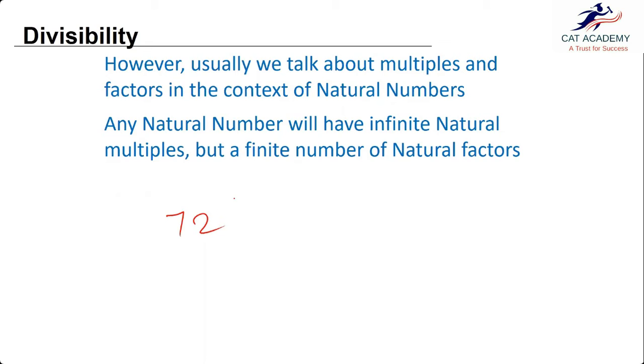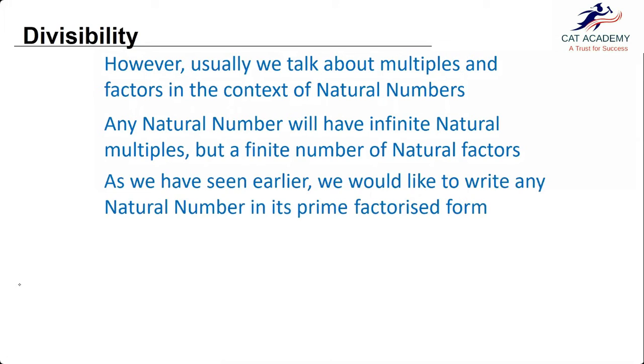Multiples of 72 would be infinite, but the factors of 72 would be very much limited. 72 can be written as 8 into 9, or as 12 into 6, or so many things like this, but limited. After a point in time, I know that it is going to end. Right? Natural factors I'm talking about, not general, natural only.